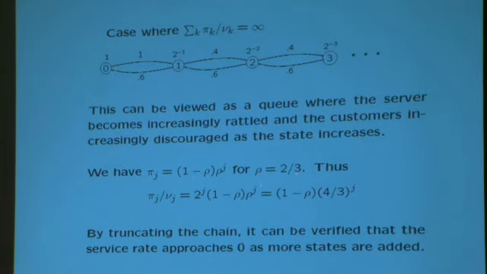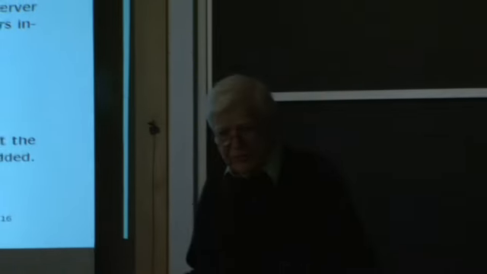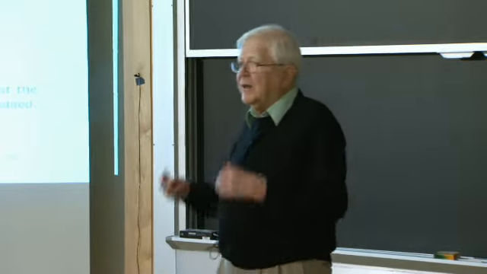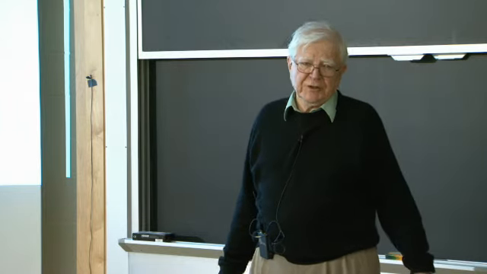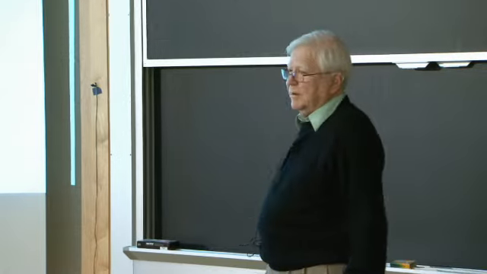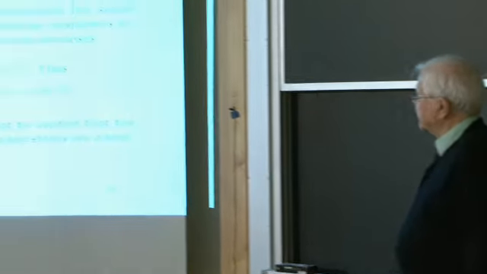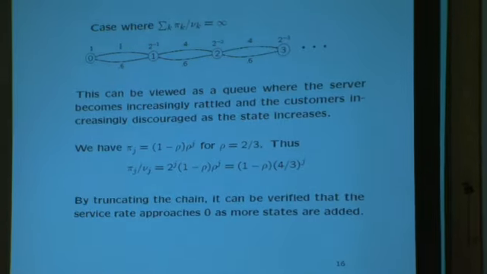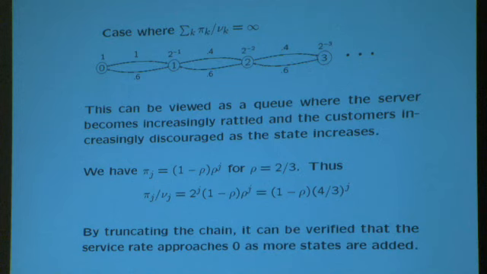Rho is 2/3, so the probability of being in state j is going down exponentially as j gets big, but the time that you spend there is going up exponentially even faster. And therefore, when we sum all of these things up, the overall expected rate is equal to 0 because the sum of the pi j over nu j is equal to infinity.